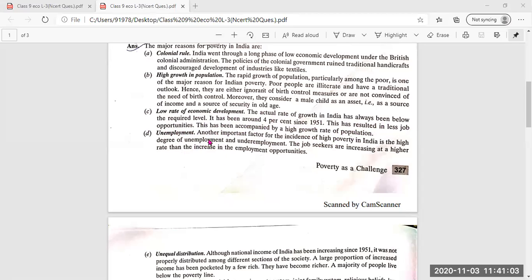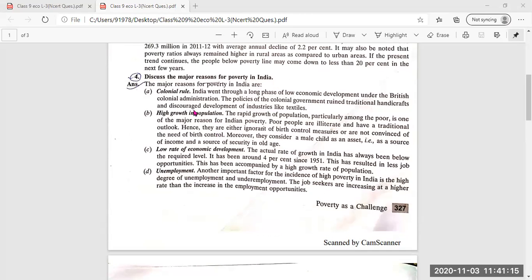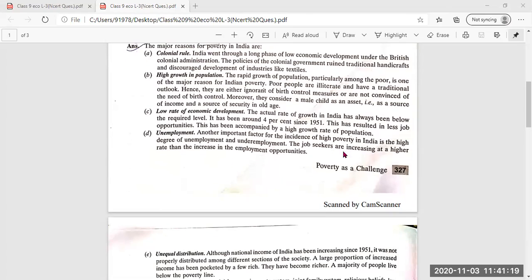Then unemployment was there. Another important factor for the incidence of high poverty in India is a high degree of unemployment and underemployment. When people are not getting proper jobs, this is also a main reason for poverty in India. The job seekers, the people who are finding jobs, are increasing at a higher rate than the increase in employment opportunities.